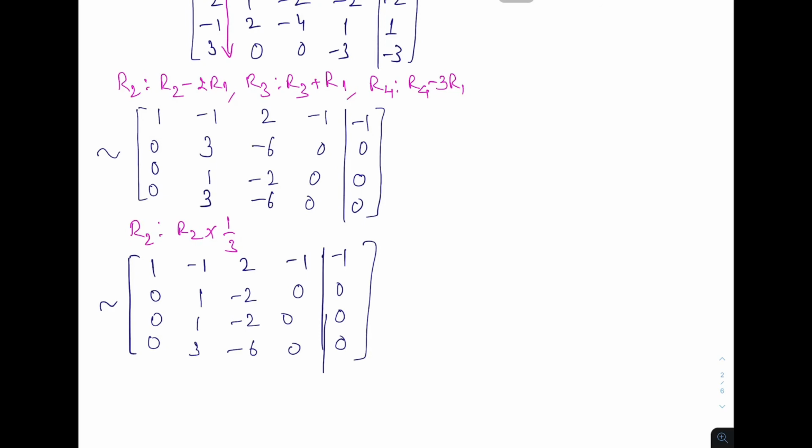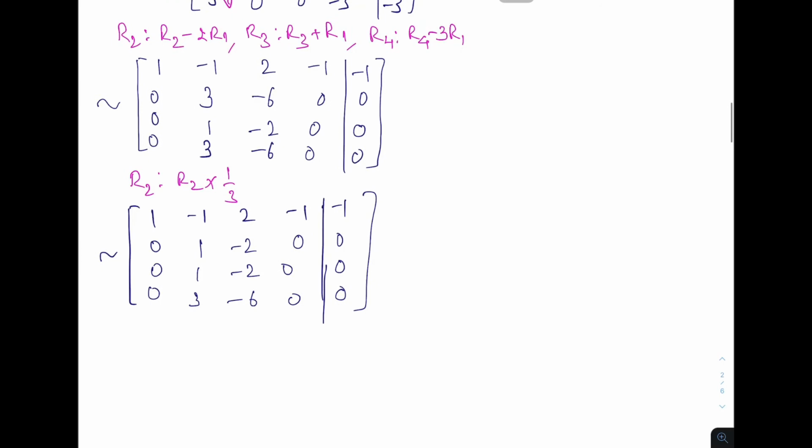Okay. Now by using this one, make the entry above and below to be 0.